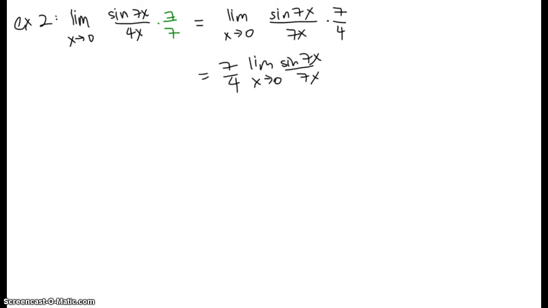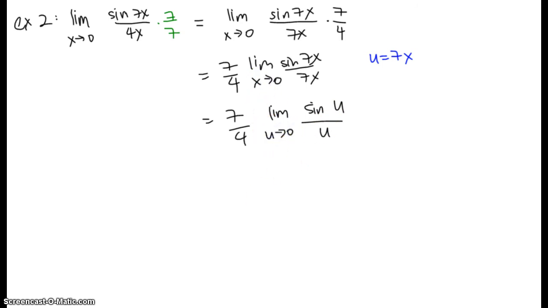Here is where I'm going to do our first u substitution, where I call u equal to 7x. Anytime I see a 7x, I'm going to replace it with u. So I get 7/4 times the limit of sine of u over u. Because my variables are now in terms of u, u approaches 0.